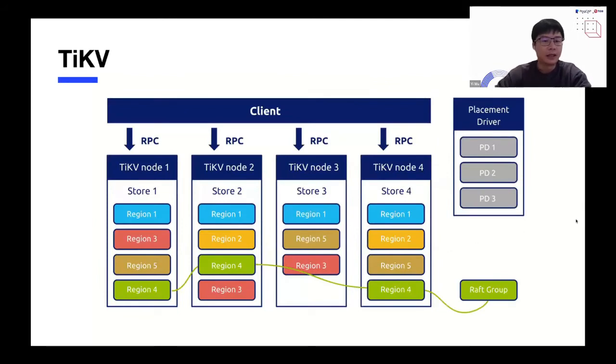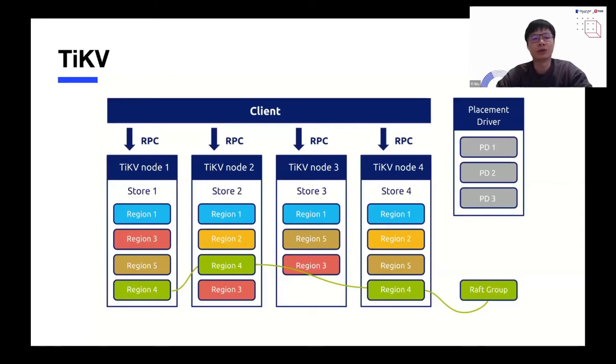TiKV provides a distributed key value service, and the full key range is split into small ranges. We call them regions, and each region is the unit of replication and load balancing. Normally each region will have 3 replicas, distributed among all the TiKV nodes, and the replicas of one region form a Raft group.